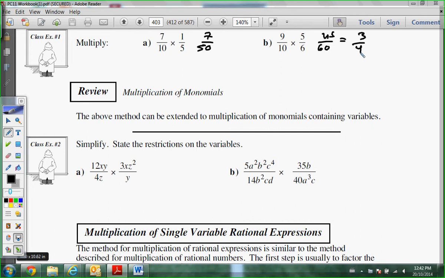What's important here, and again today it's going to pull on stuff you already know: when you're doing division with exponents, what's the rule for division of exponents? It comes from Math 10 and 9.